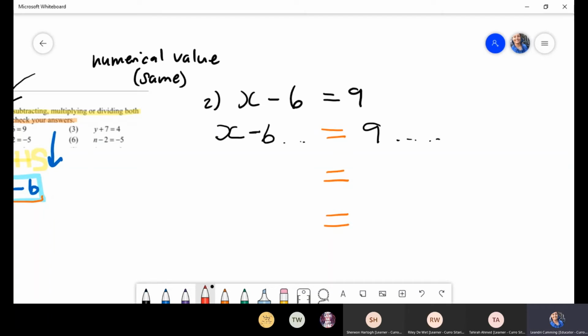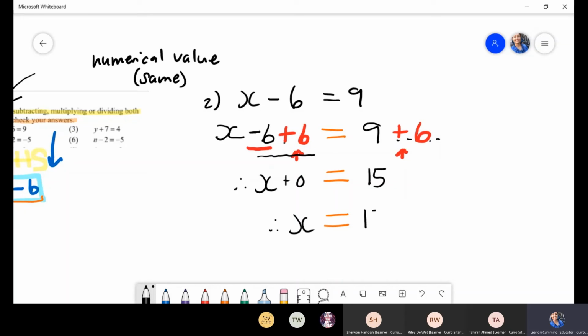Think to myself, how can I get rid of minus 6? I add 6. What I do to this side, I must do to the right-hand side. And I find, therefore, that x plus 0 is equal to 9 plus 6, which is 15. Therefore, x is equal to 15.